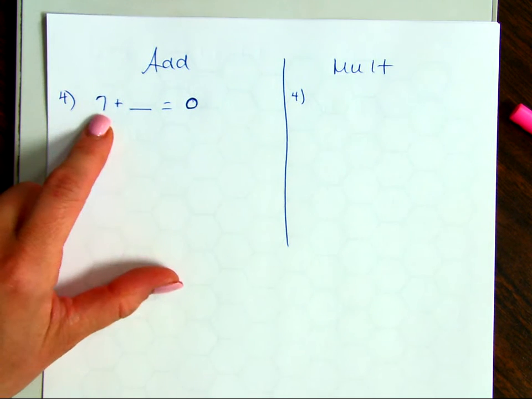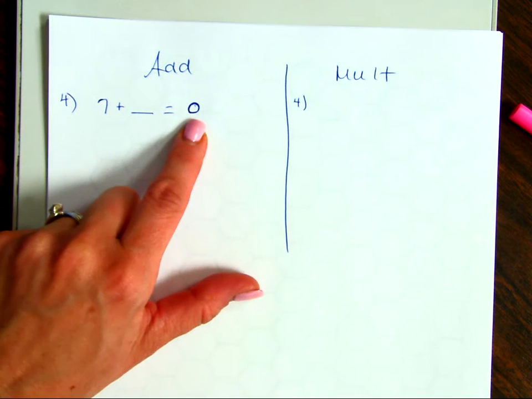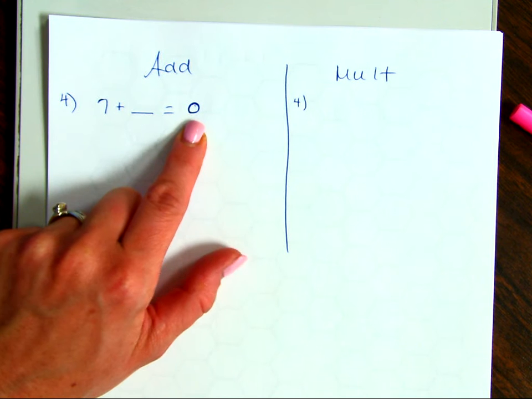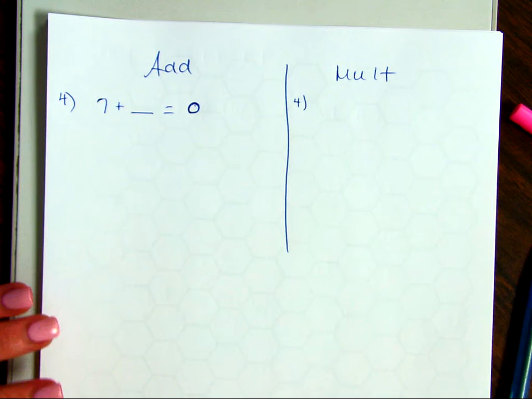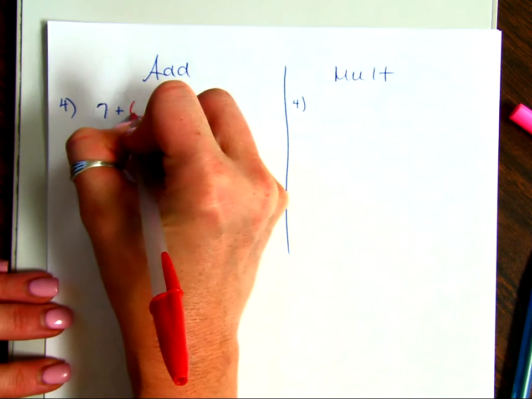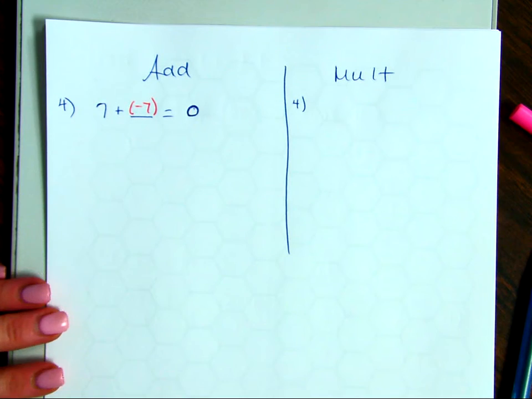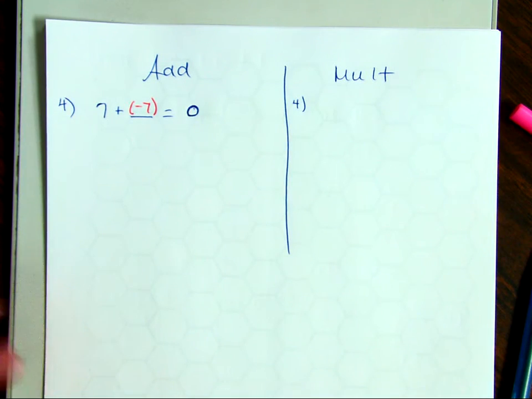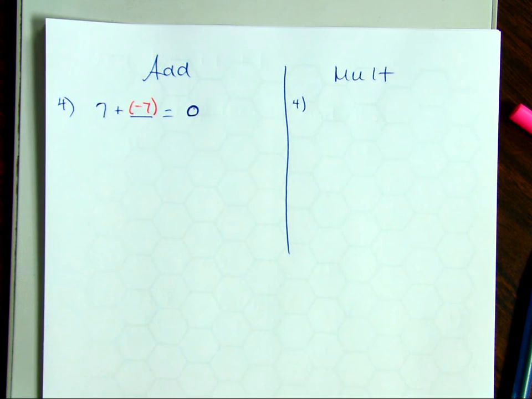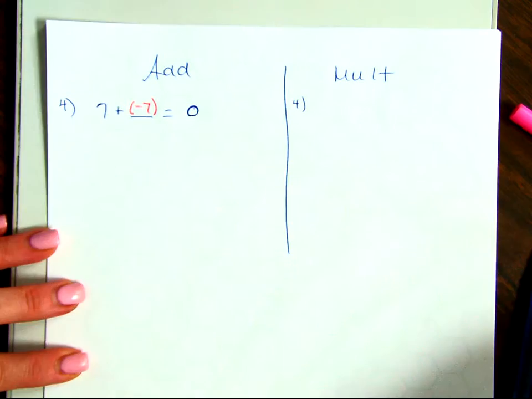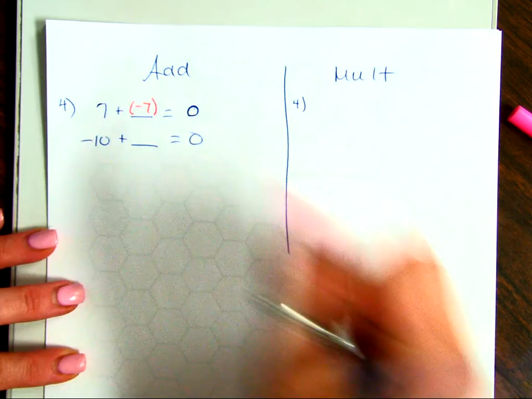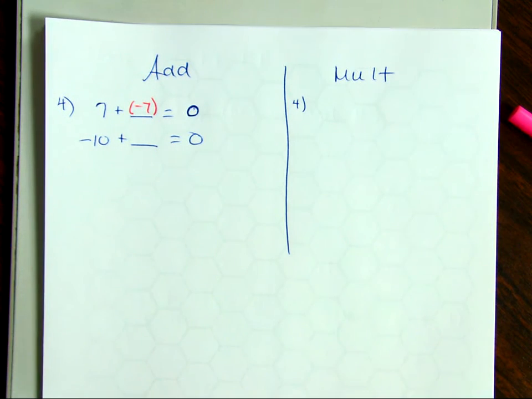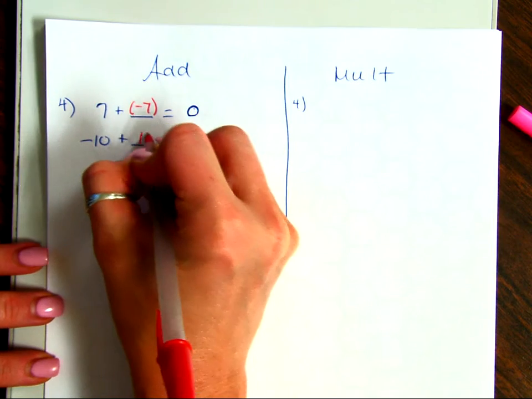If I have to add something to 7, my sum is going to be bigger than 7, right? Not necessarily, and you may not have been introduced to the world of negatives until maybe 5th or 6th grade. So you know by now, hopefully, that if you add a negative 7 to a positive 7, you will get a sum of 0. Just like if I started with a negative number, what would I have to add to a negative 10 to get a sum of 0? You would have to add a positive 10.